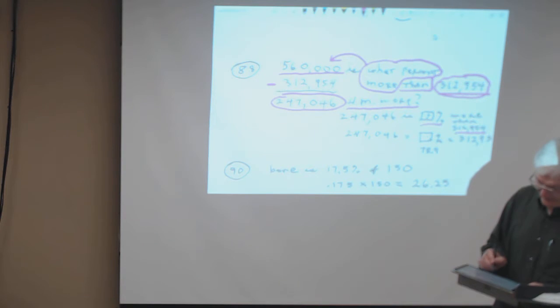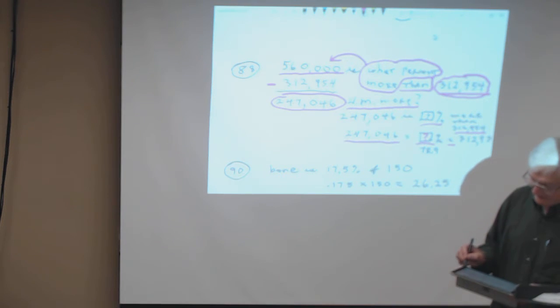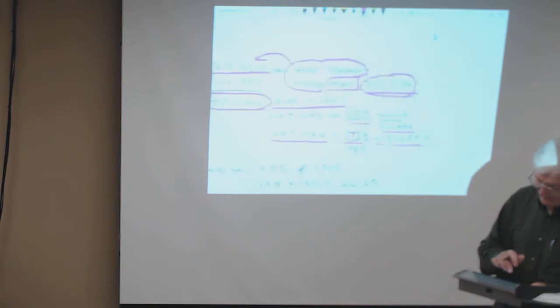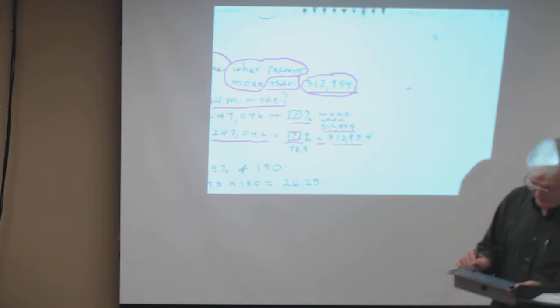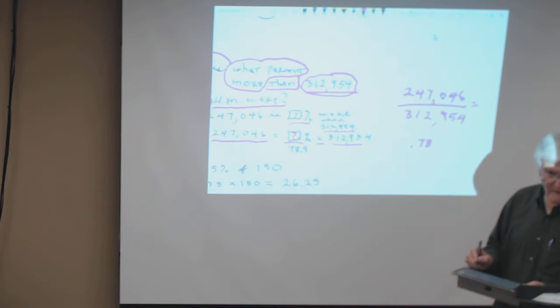So what I end up with is a question that says 247,046 equals what percent times this? Which means I take 247,046 and I divide by 312,954. And what do you get for an answer? You get 0.78 what? You're not going to tell me? 9 what? 400. 400.